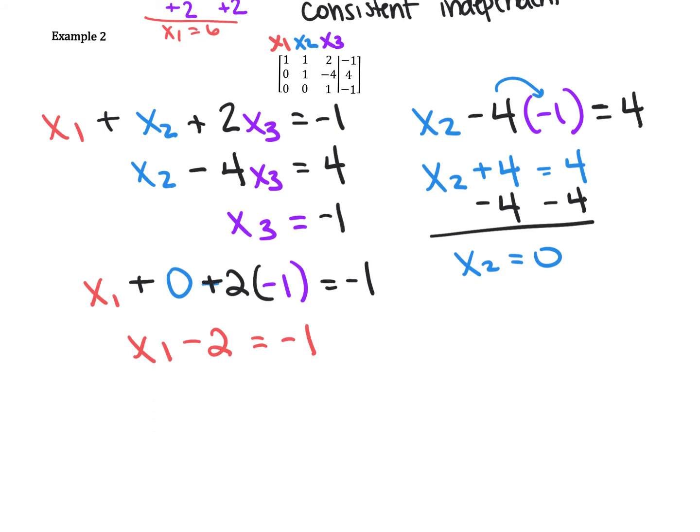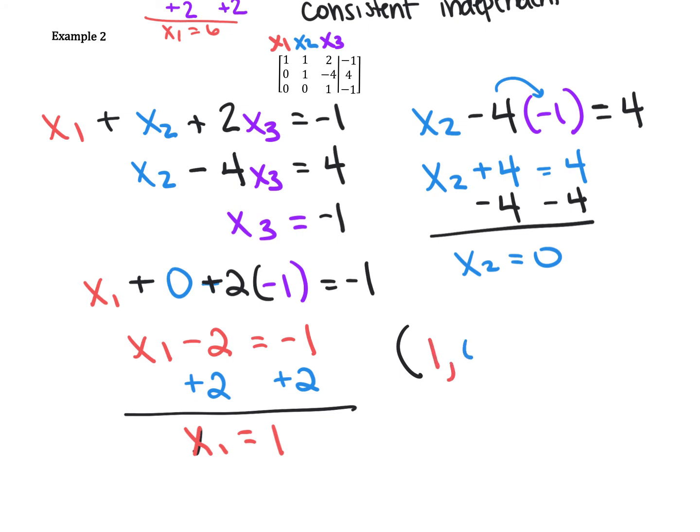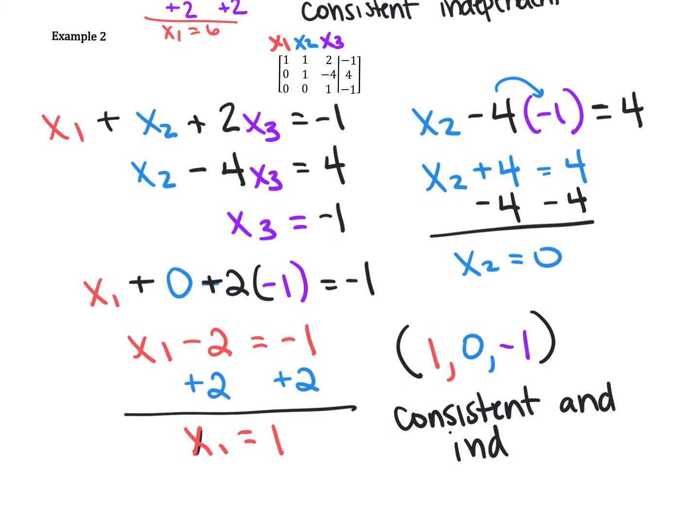Solving for x1, I'm going to add 2 to both sides, and I get x1 equal to 1. So now I can see that I have a unique solution, as a point, 1, 0, -1. This means that this system itself is consistent. I get a solution. It's consistent and independent. It's a unique solution.